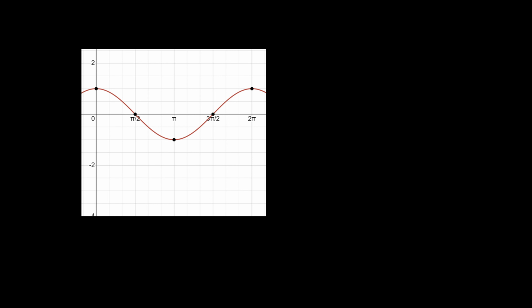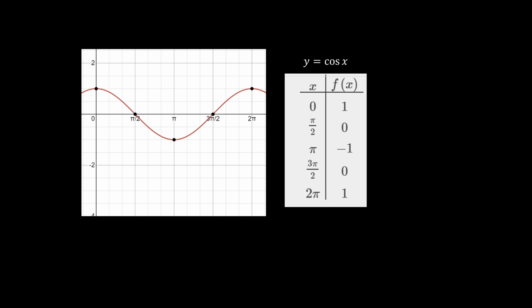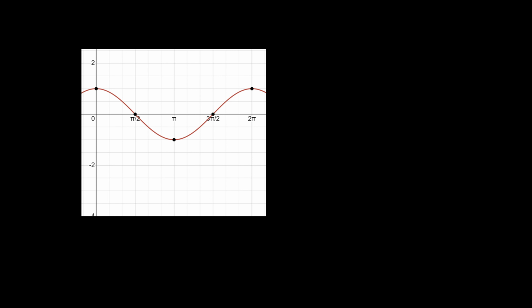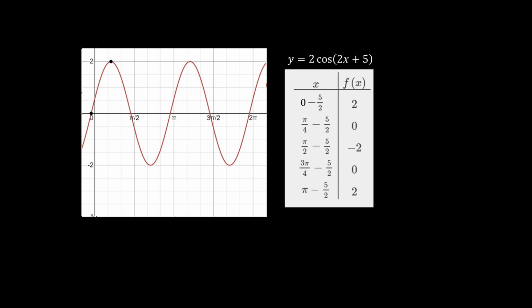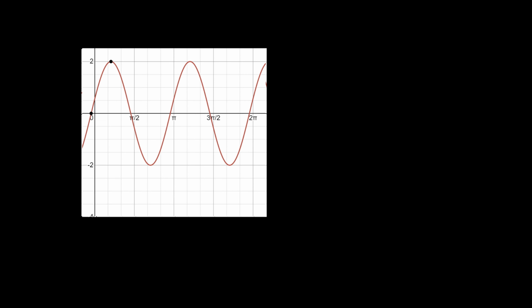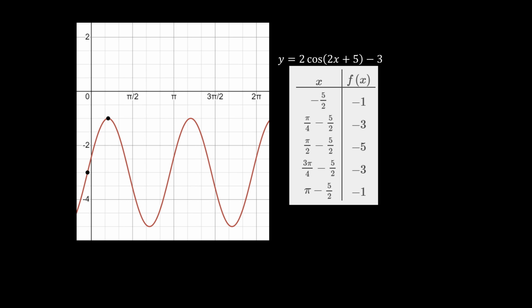Now, this is the graph of y equals cosine x, which is the parent function. Now, this is after the amplitude, the value of a and the value of b. Okay, and this is after doing the phase shift, and this is after doing the vertical shift, which is the last graph of the function.